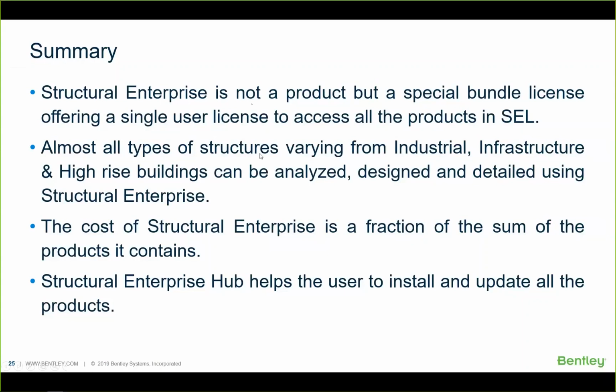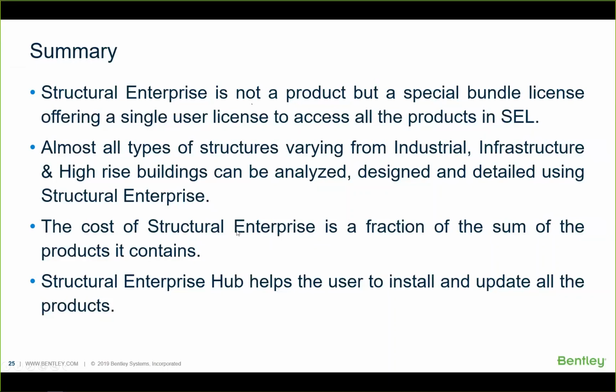Almost all types of structures, varying from industrial infrastructure to high-rise buildings, can be analyzed, designed, and detailed using the Structural Enterprise license. The cost of Structural Enterprise is a fraction of the sum of the products it contains. Meaning, if you buy all these 9 products one by one as separate perpetual licenses, then that will be very expensive, maybe some $50,000 US.